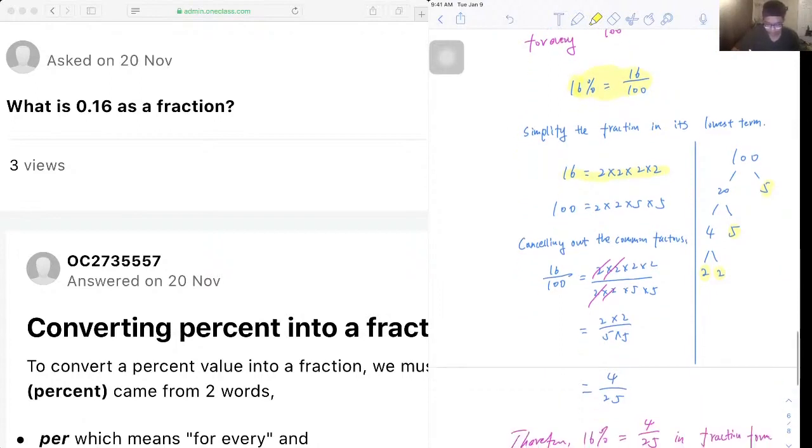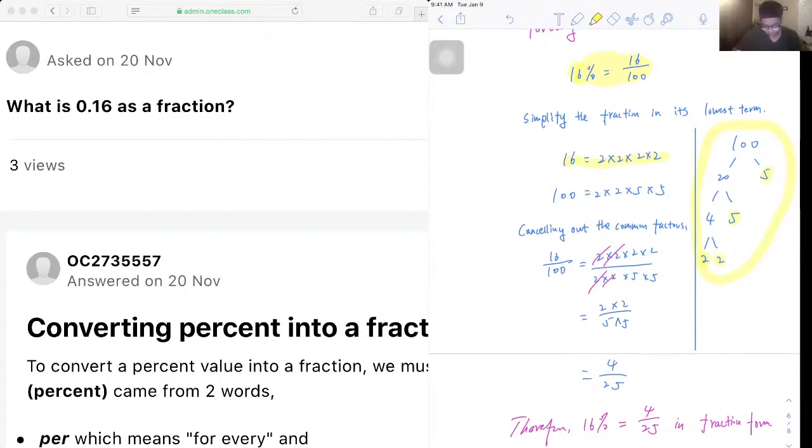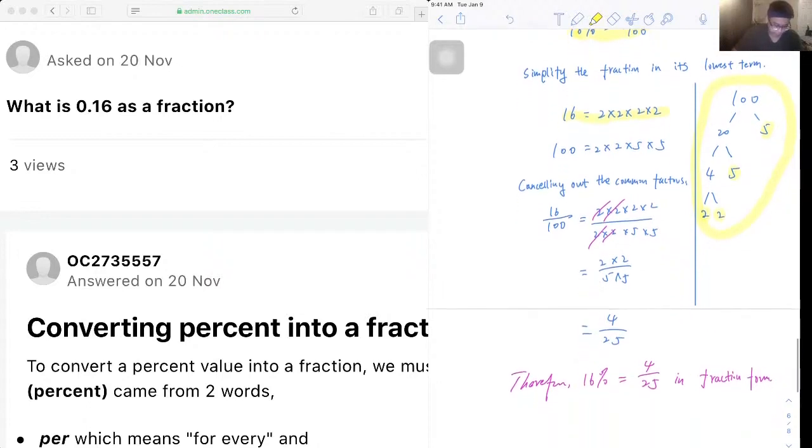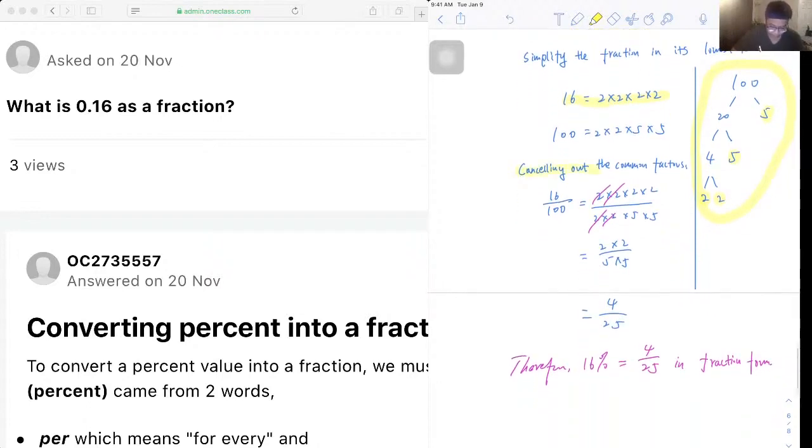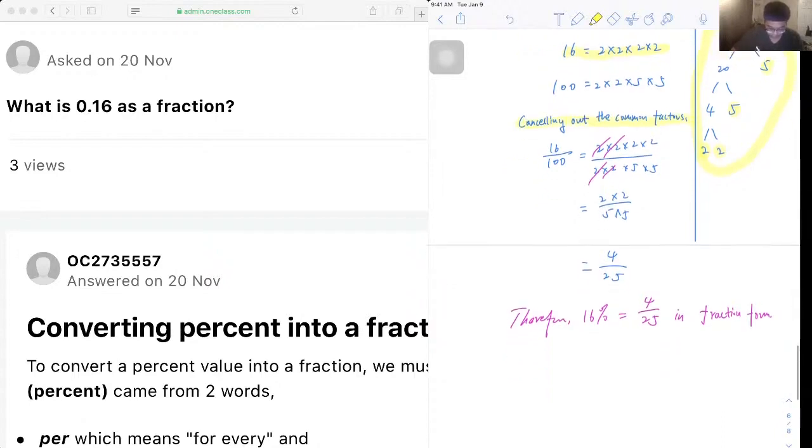And the way I approach this is from this sort of branch method. So we're figuring out the value of each branch to be a prime number, and then we just multiply them together. And then after figuring that out, we can cancel out the common factors. So that will give us the final answer in fraction form.